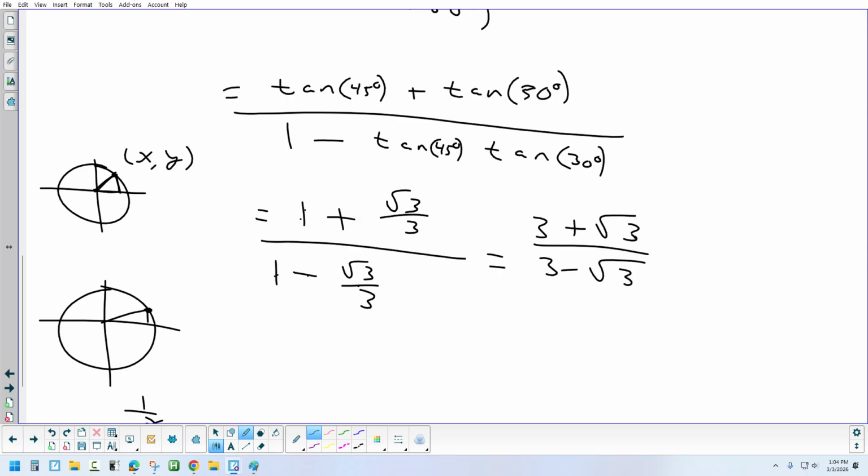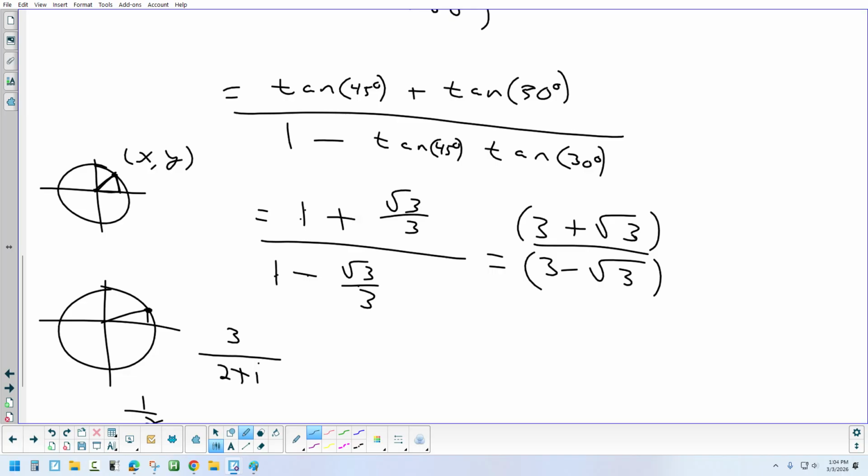It still has a root in the bottom. We've got to multiply by something to fix that. And what could we multiply by that would cancel out the root in the bottom? We did something like this when we had complex numbers, and we had like 2 plus i in the bottom. Anybody remember what we multiplied top and bottom by here to get rid of the i?